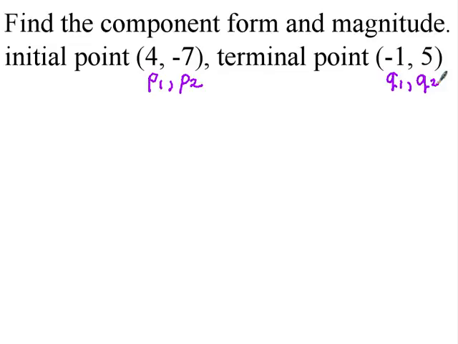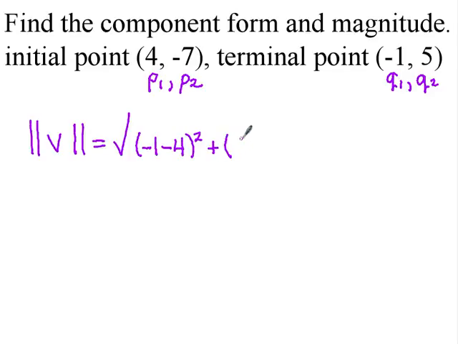So if we go ahead and find the magnitude, it is defined as the square root of Q1 minus P1, so negative 1 minus 4 quantity squared, plus 5 minus negative 7 squared. So there you go. All it is is the distance formula.